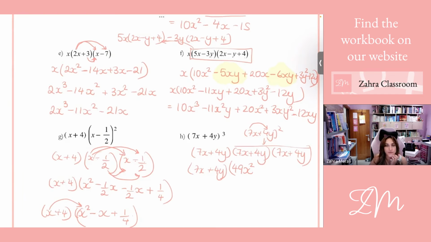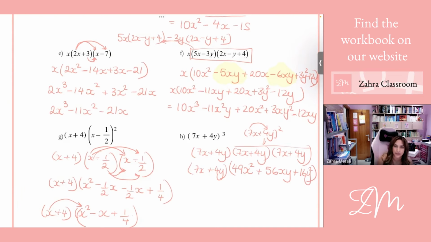So 7 times 4 to give you 28, and then you're going to double it. So double 20 gives you 40, double 8 gives you 16, add it together, gives you 56xy. Then you're going to square the last number. So 4 squared is 16, and then you've got y squared.